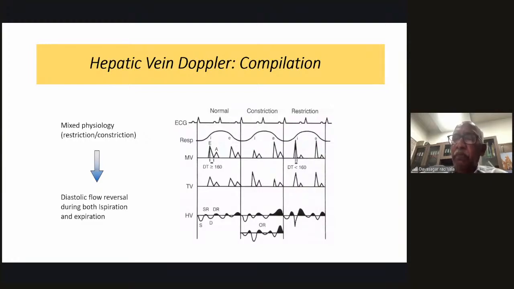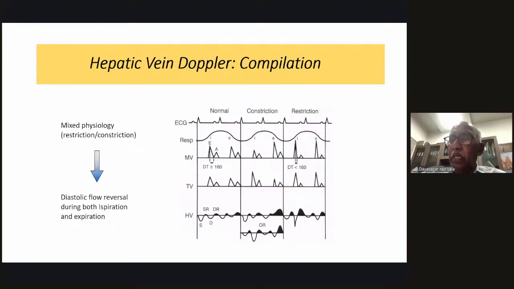Normally, if you see here, the systolic flow velocities in the hepatic veins are much bigger than the diastolic flow velocities. This is normal. And in constriction, this is exaggerated, in the sense that systolic flow is much more compared to the diastolic flow.